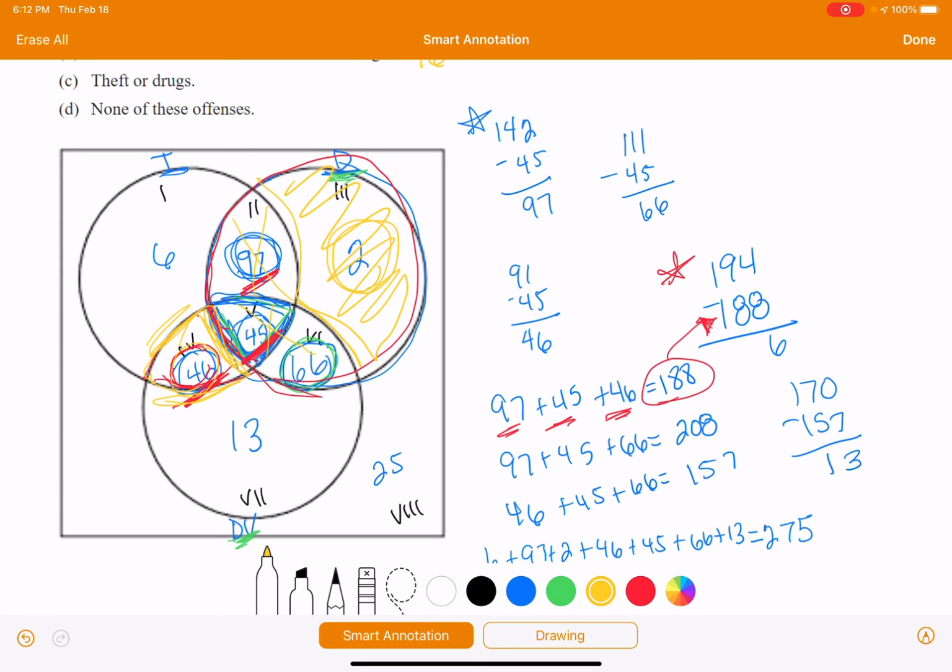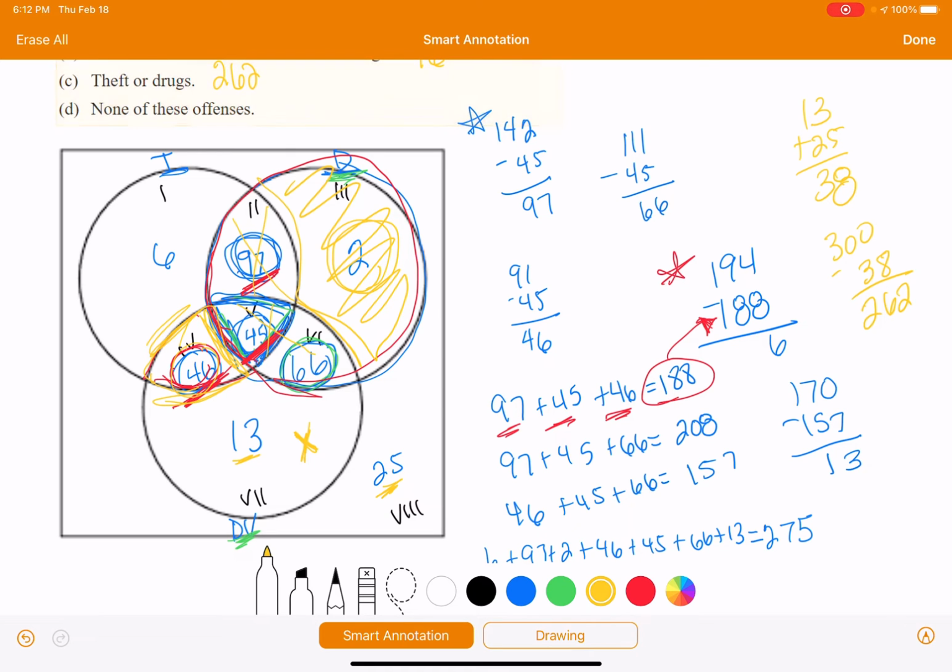If you take the 2 that don't count, that's the 13 plus the 25. That's how we get the 38. So those are the ones that weren't arrested for it. So we can just take 300, which was our total, minus that 38 to get 262. In other words, that's the total of everything else without sitting and adding it up.